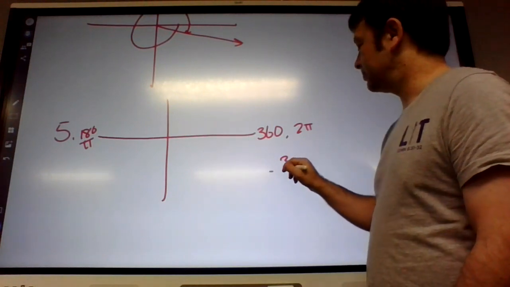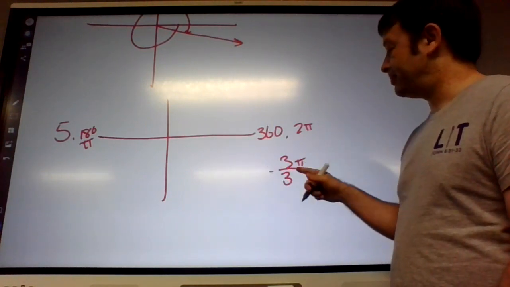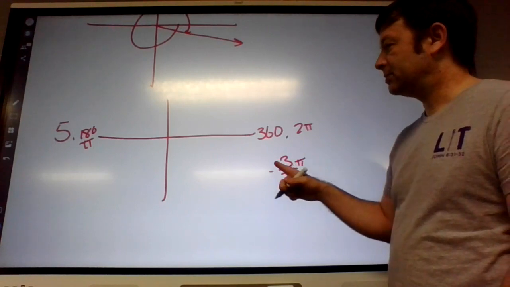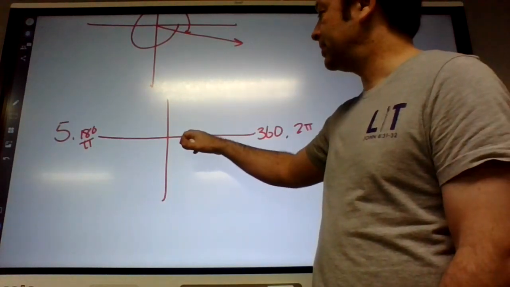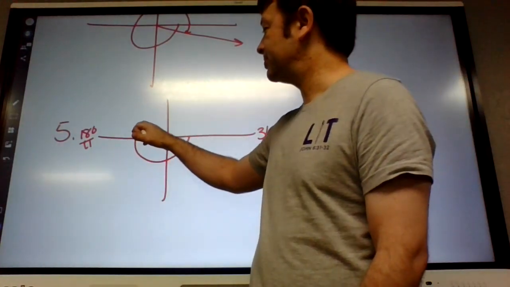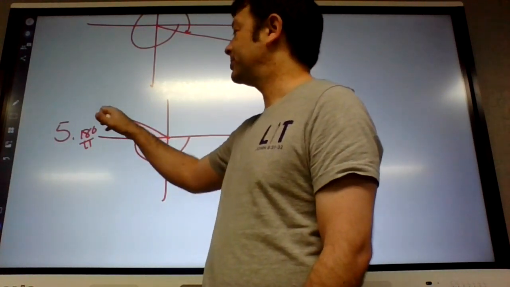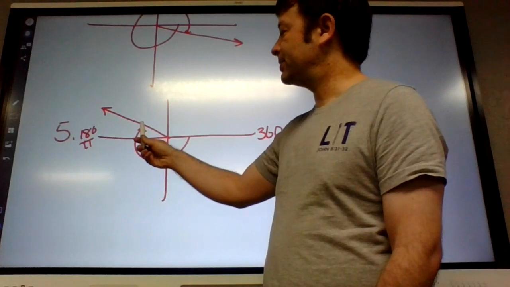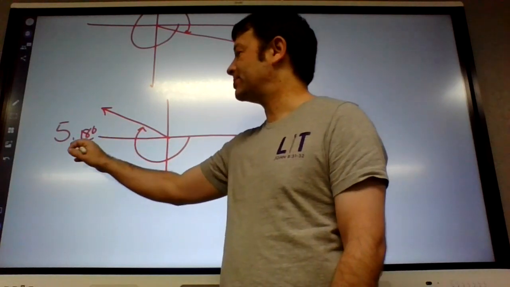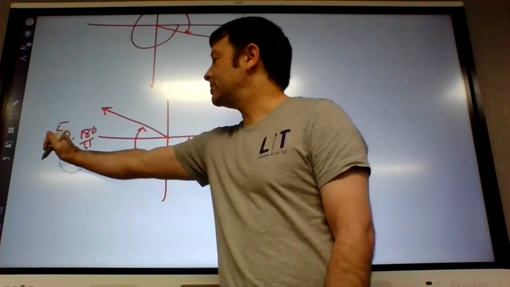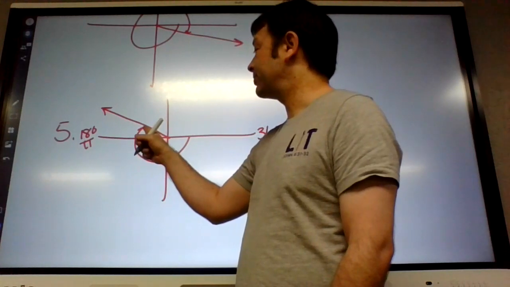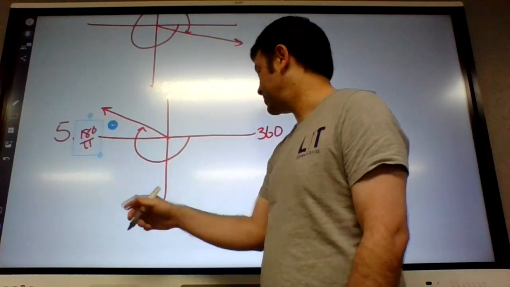Well, 3 over 3 pi would just be pi. So negative 4/3 pi would be right there. You don't have to draw it on this one. So this is pi, this is also negative pi. How far is 4/3 pi from pi?